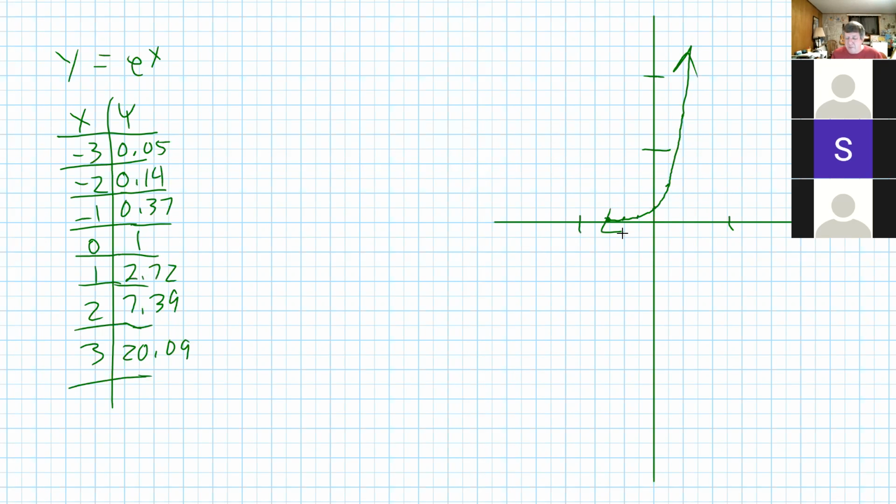It looks very much like Y equals 2 to the X, okay? It's going to climb a little bit higher. It would be between Y equals 2 to the X and Y equals 3 to the X. So again, the big mystery, this isn't a variable. It's a little more than 2.7. Okay with that?